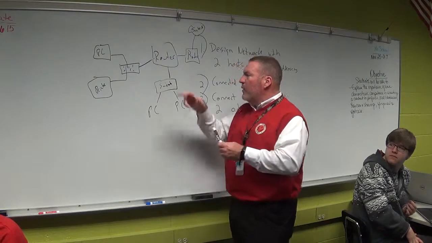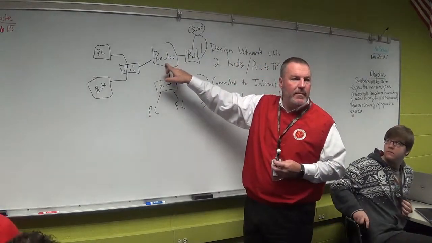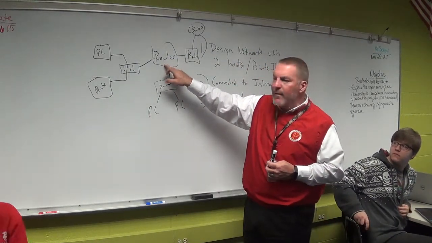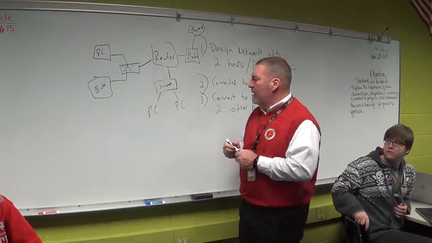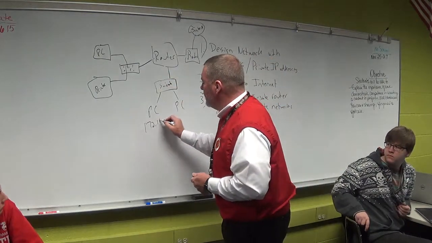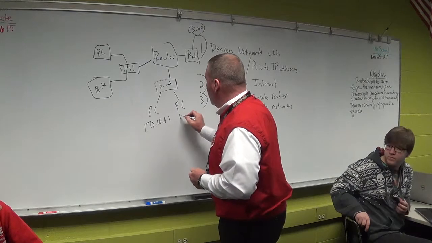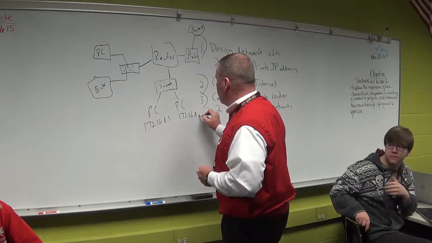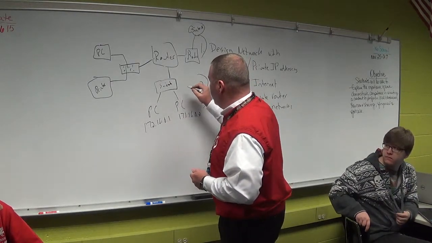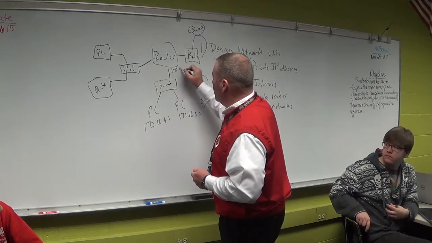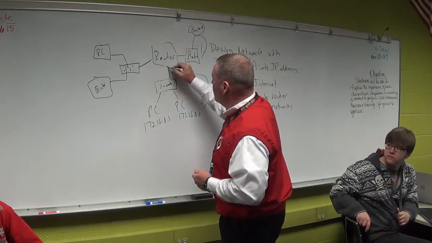Because now, if you add the route add statement to this router, pay attention. Say these are 172.16.0.1, 172.16.0.2, 172.16.0.3, that's this guy.